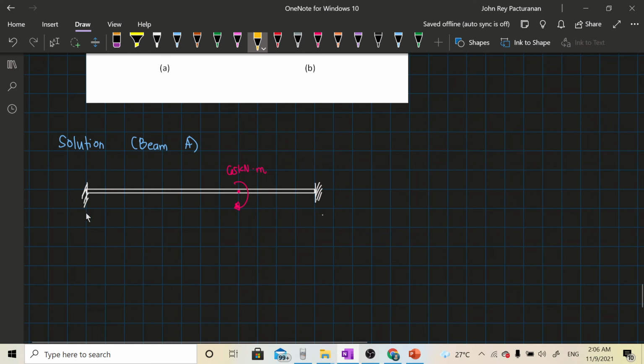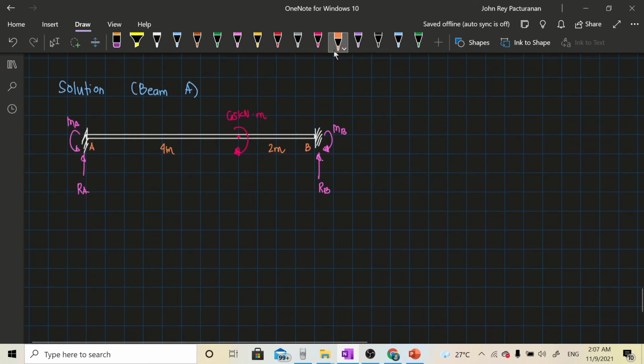Let's place the reactions, no? Pero tawagin lang natin to as 4 meter, tapos 2 meter, and of course, para at least may label, ito yung point A and ito yung point B. So the reactions are RA, then RB, then moment at A, tapos moment at B. Okay? So, yan. Ang goal natin, ulitin ko, hanapin natin yung values niyan.